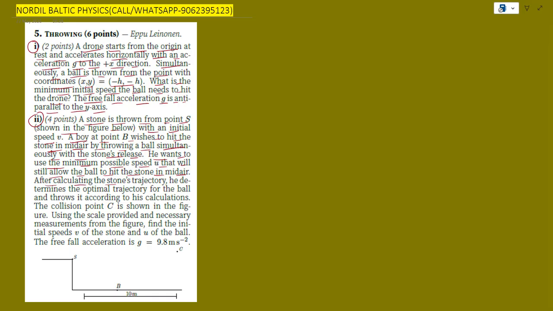After calculating the stone's trajectory, he determines the optimal trajectory for the ball and throws it according to his calculations. The collision point C is shown in the figure. Using the scale provided and necessary measurements from the figure, find the initial speeds v of the stone and u of the ball. The free fall acceleration g is 9.8 meters per second squared.